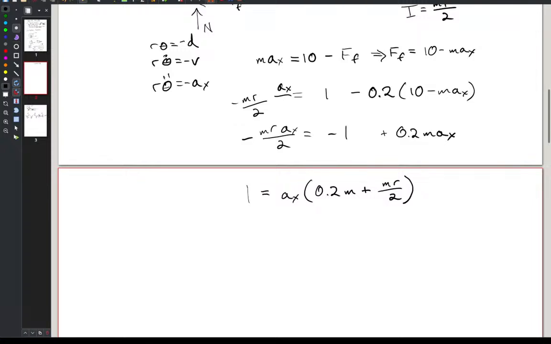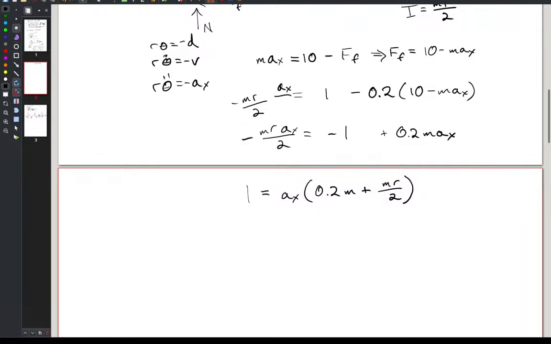Why did that 10 become 1? So I had 1 minus 0.2 times 10, so I just did 1 minus 2, which is a negative 1. Bring it over to the other side. I'm doing some magic arrow math here, trying to get to the punchline, but it's all algebra.